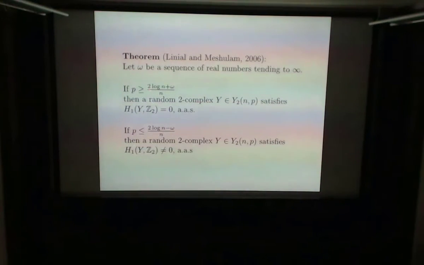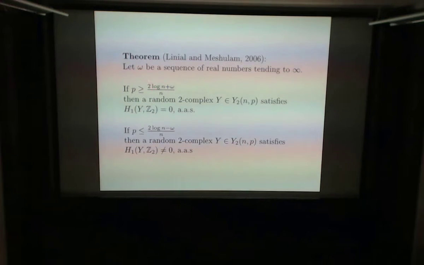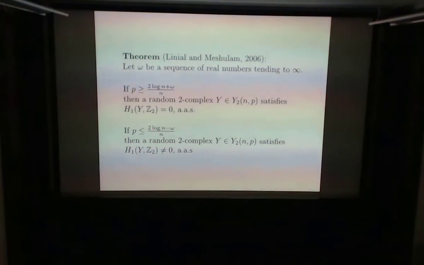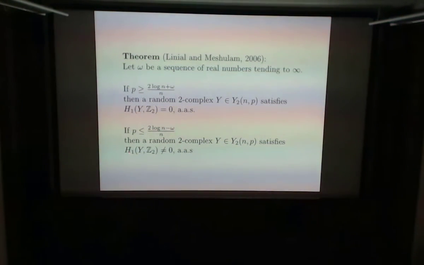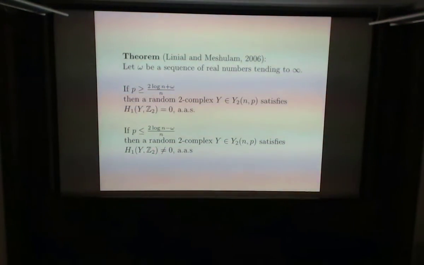So here we see 2, and in the case of Erdős-Rényi, there was no 2, so this is an extra factor 2 here, but omega is similar to what was in Erdős-Rényi theorem. And the second statement says that if p is smaller than 2 log n minus omega over n, then the random complex has non-trivial first homology group.